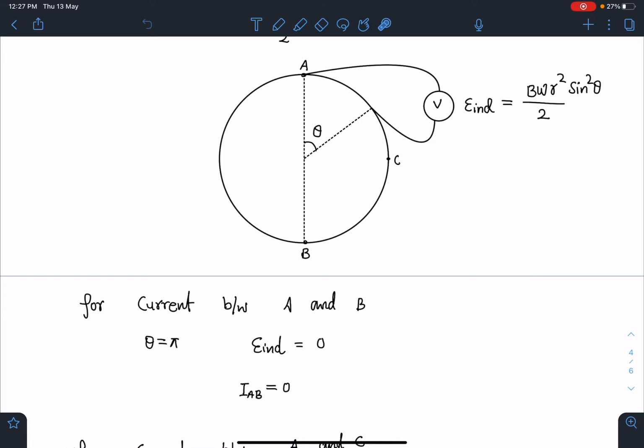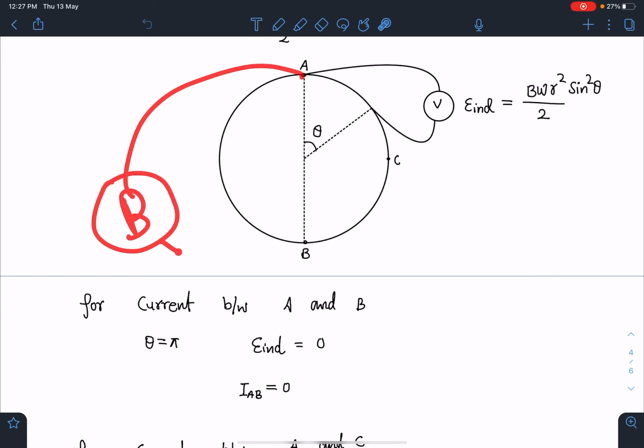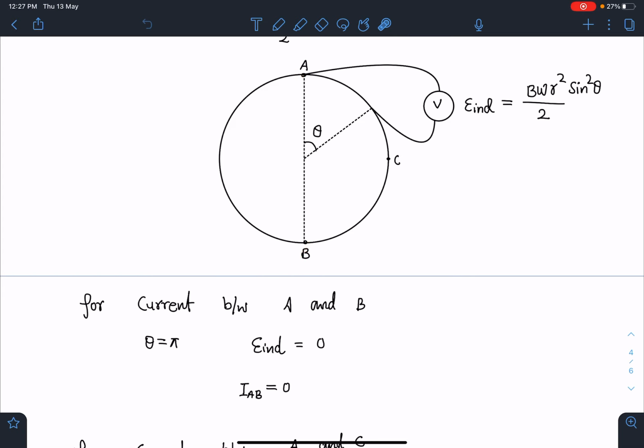Alright, or sometimes in this question they can ask, a bulb is connected across these points, whether the bulb will glow or will not glow. So in this situation it will not glow. However, if you connect this bulb at some general position like this, then definitely there will be current flow and the bulb will glow in this case.